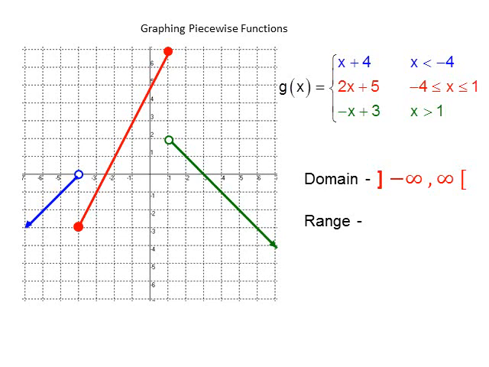So the domain of the piecewise function starts at negative infinity, since x is less than negative 4, and ends at positive infinity, since x is greater than 1. So it is from negative infinity to infinity, or R. Of course I take care of the boundary points: negative 4 closed and 1 closed. Then find the range. The lowest point on the function is negative infinity, because it's an arrow, and it ends at a certain point, which is 7, so the range is from negative infinity to 7.